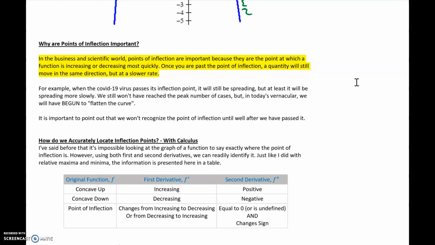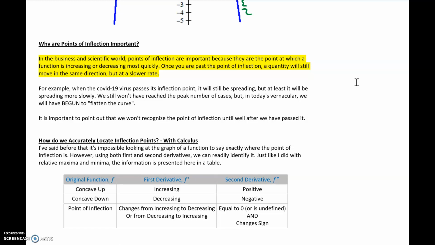Relating this to the COVID-19 virus, when the incidence passes its inflection point, you'll hear that in the media. It means the virus is still spreading, but not as quickly as it has up to that point. We still won't be over the worst.